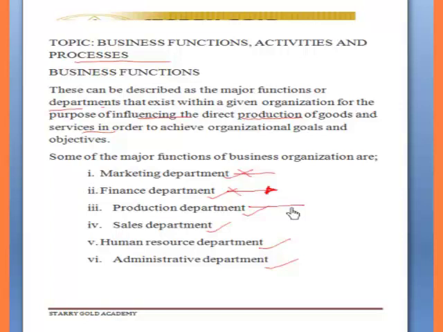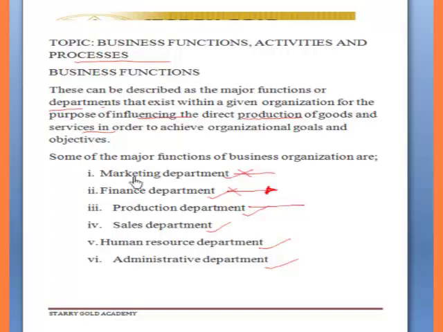So the major activity of the production department is to make sure that appropriate measures are developed which will help to facilitate the direct production of goods and services, so as to improve the standard of living, as well as meeting the needs and wants of the teeming consumers.